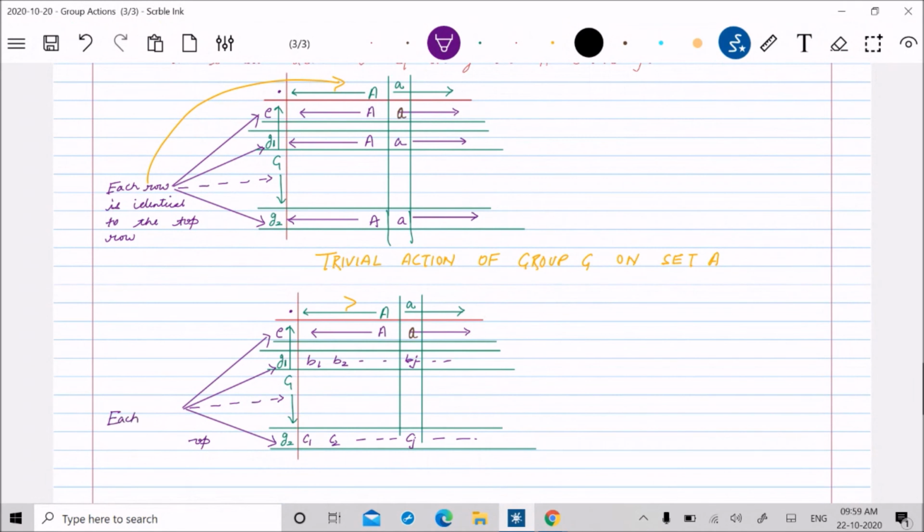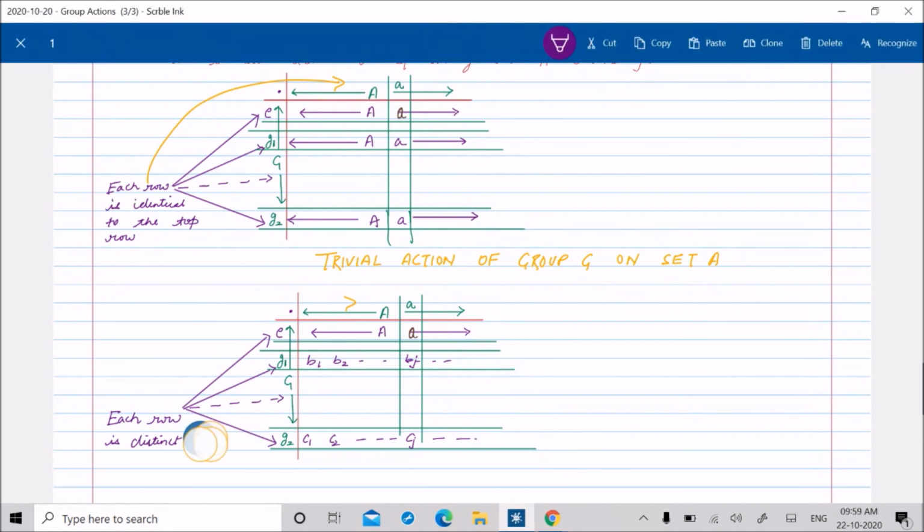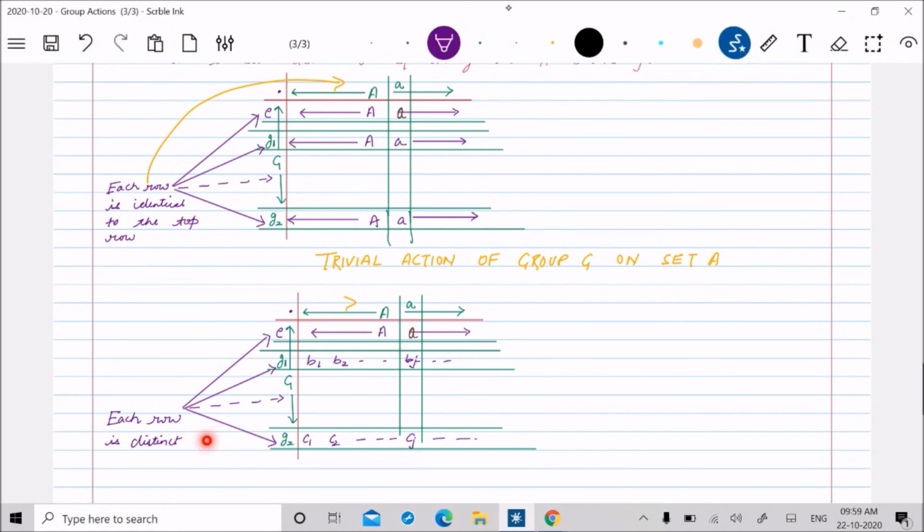Each row is distinct, right? And then you call it faithful action.